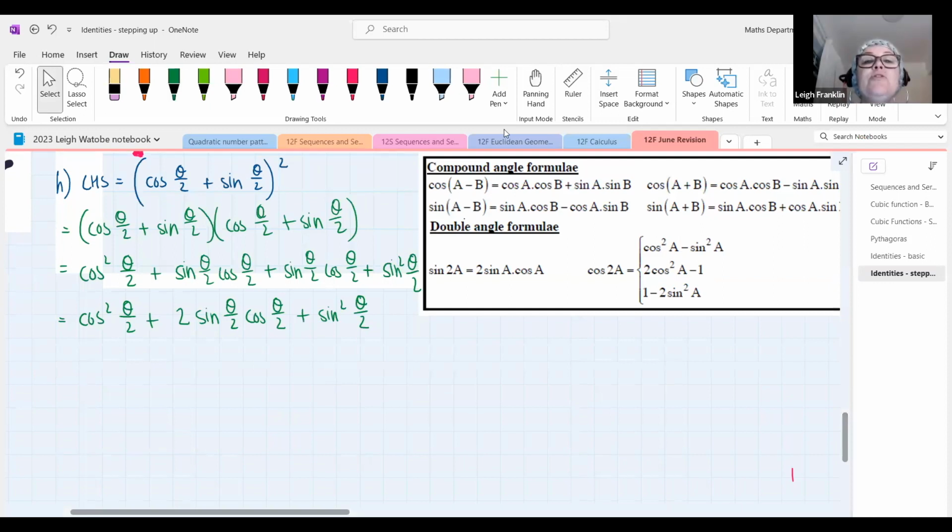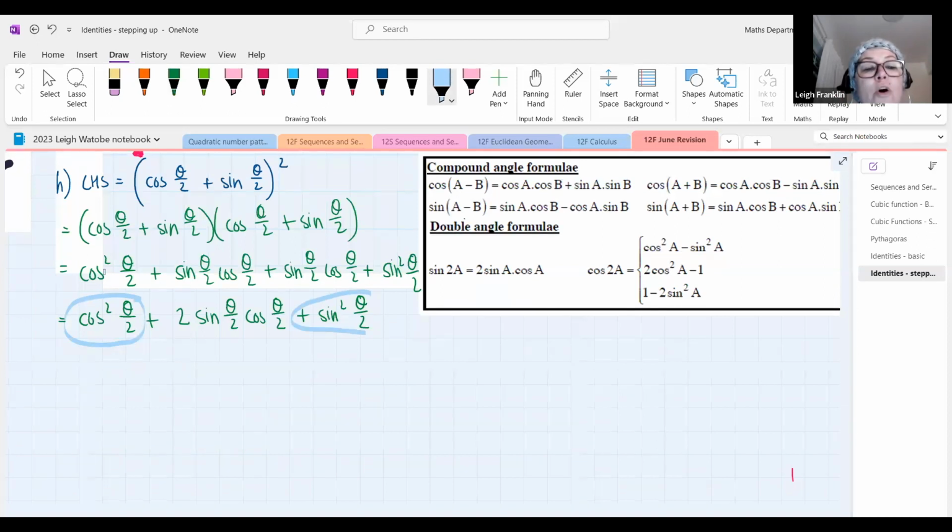Now, something special happens here. Cos squared theta over 2 plus sine squared theta over 2. That's an identity, isn't it? Okay, so this is where you got stuck. All right. So cos squared theta over 2 plus sine squared theta over 2 is your square identity.